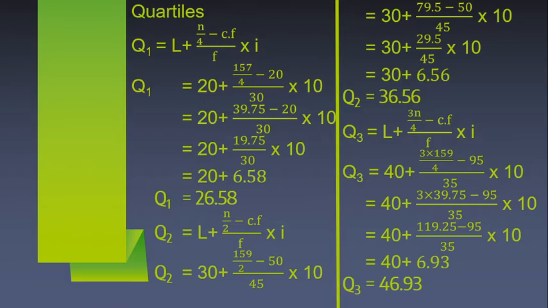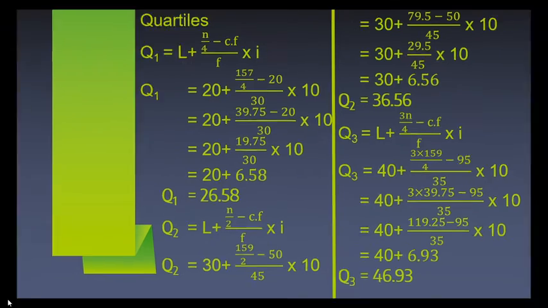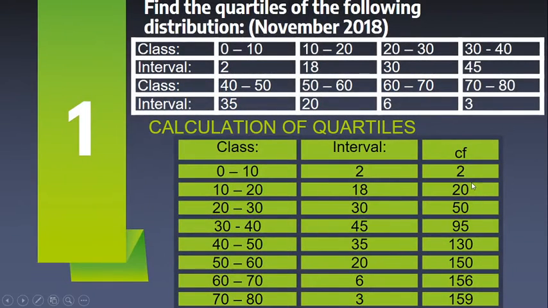CF is the cumulative frequency in the previous line, where we drew the line. And our frequency F is the value adjacent to the class interval chosen. So 30 is our F.